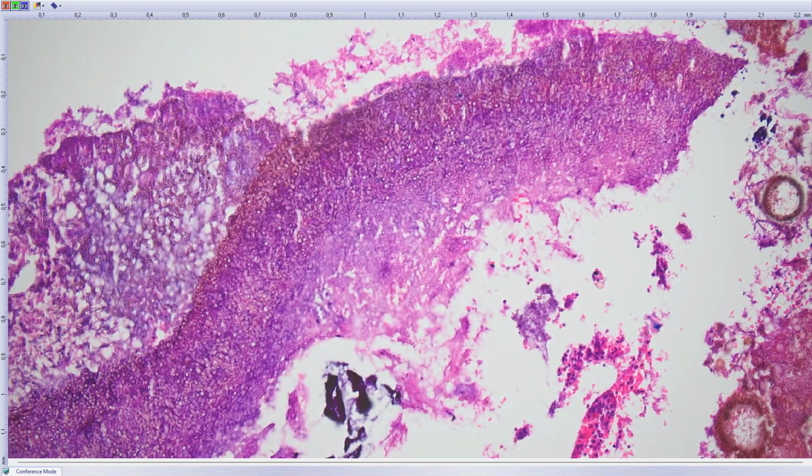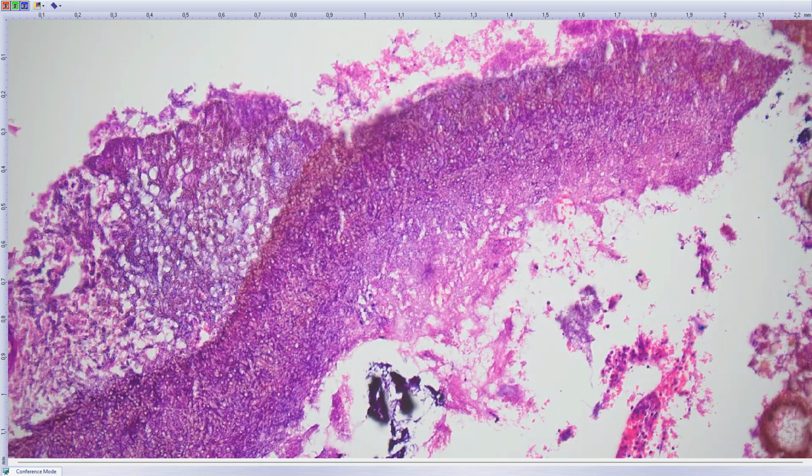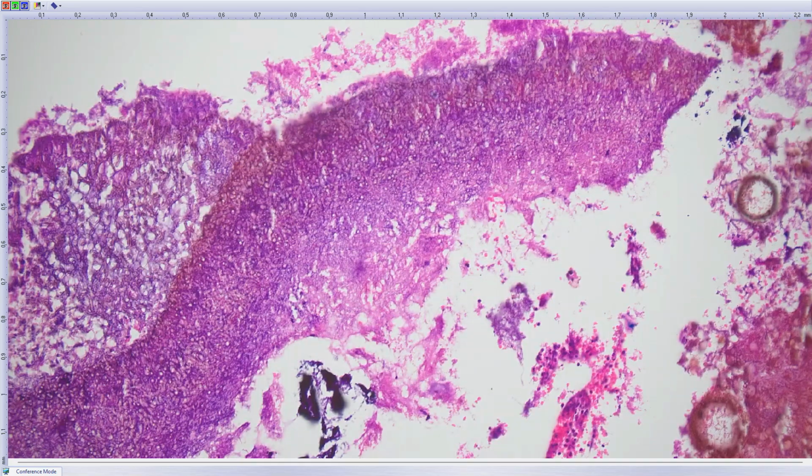So this is very short. This is not very typical of the Aspergillus I've seen so far.